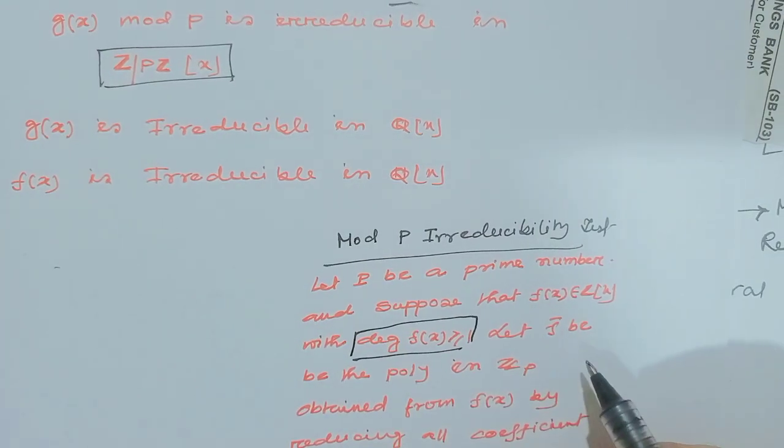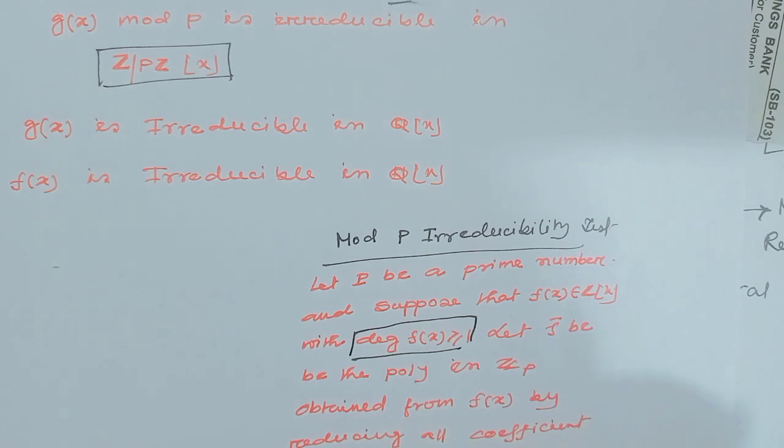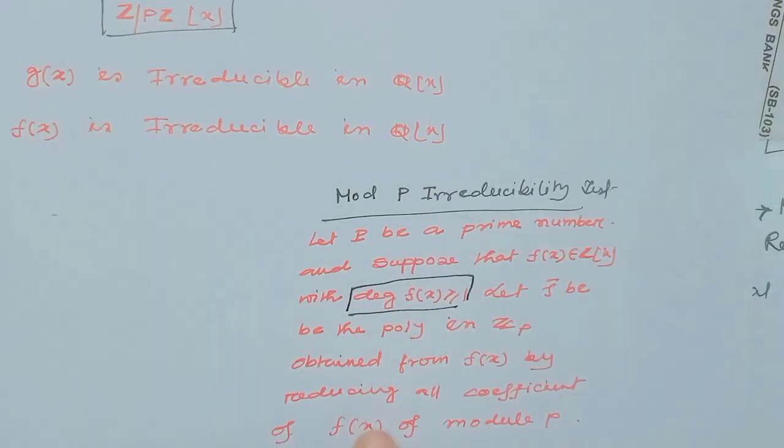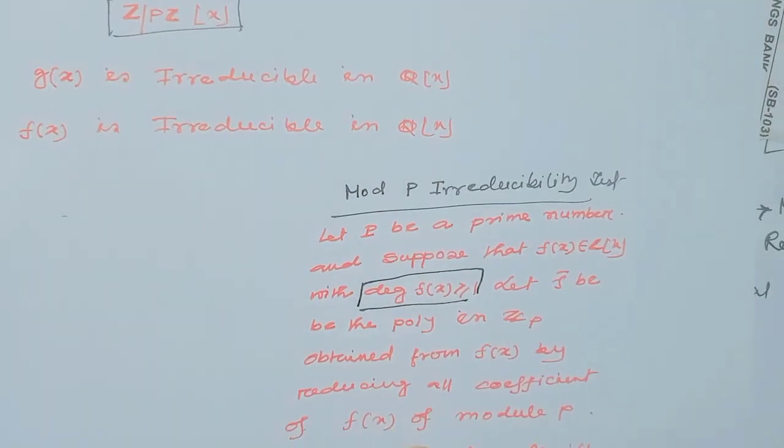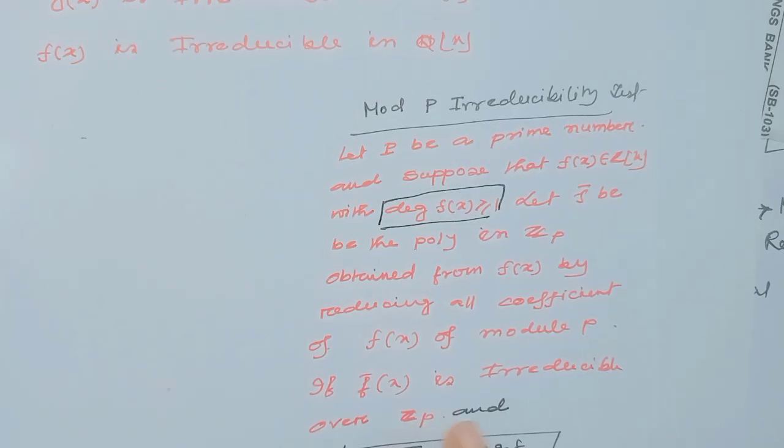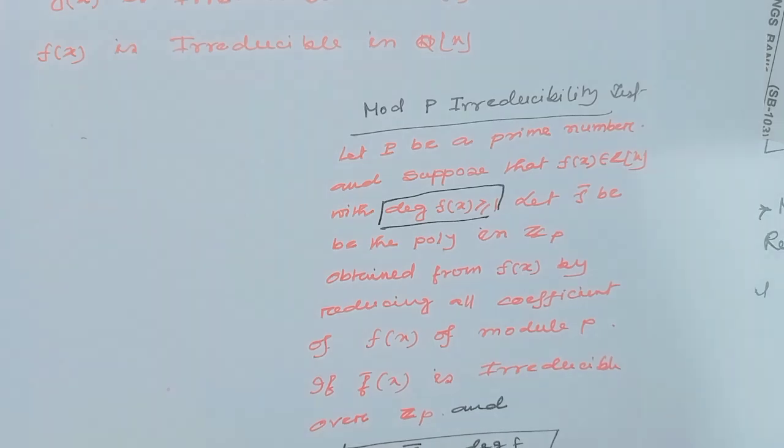Let f bar be the polynomial in Zp obtained from f(x) by reducing all coefficients of f(x) modulo p, and if f bar is irreducible over Zp and degree of f bar equals degree of f, then f(x) is irreducible over Q.